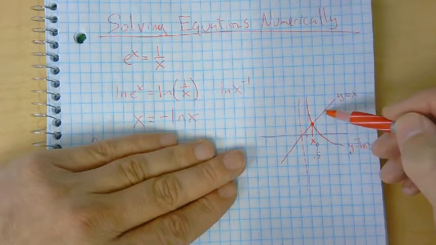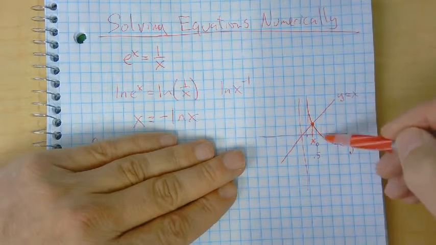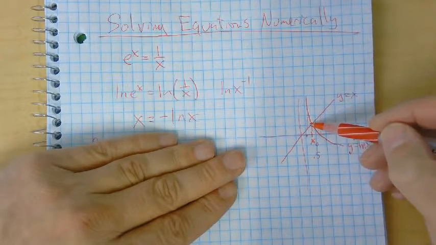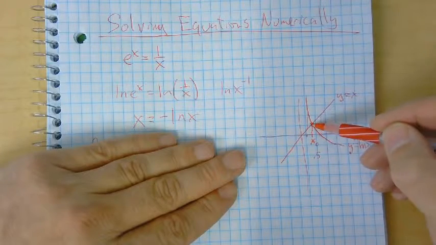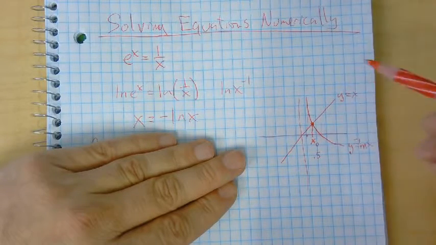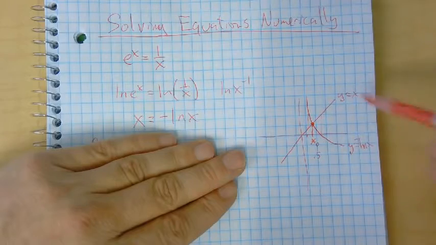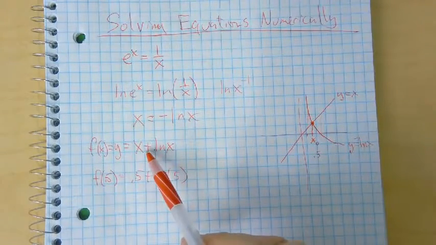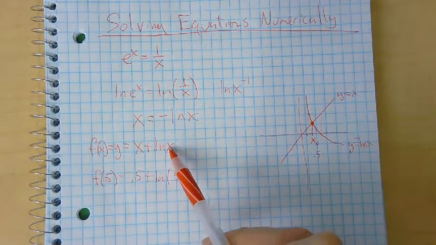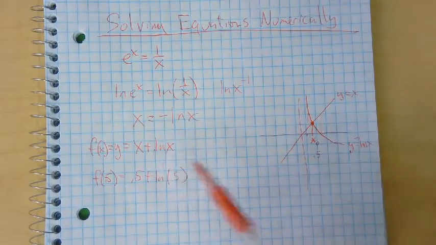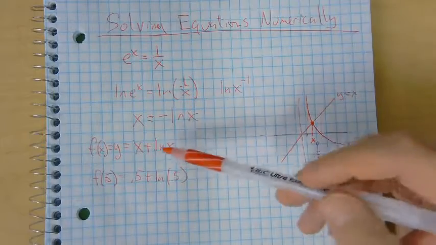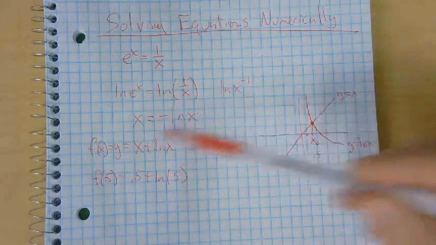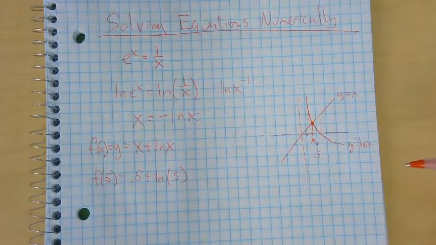And out here, if I did this function minus this function, I would get that amount right there. Wherever I get an amount equal to 0, that's where they equal each other. Okay, so I'm going to do this function minus this function. So I'm just going to do x minus negative ln of x. So that becomes x plus ln of x. And wherever this equals 0 is going to be where that root is.